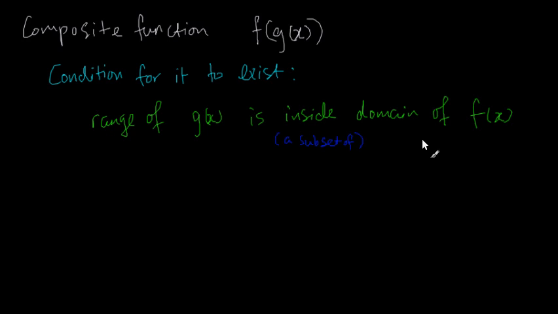Once we are clear about the meanings of the range and domain, I think it's very clear that this condition has to be there, because if when you use g(x) you find an answer that is outside of the domain of f(x), then surely you can't use that answer and calculate with f(x) anymore.